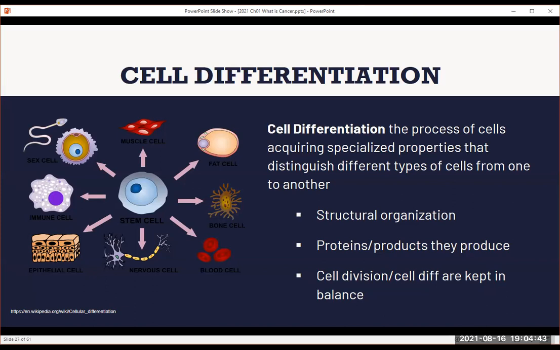Something to consider, we've been talking about cell number and cell organization. But another thing to consider is cell differentiation. So when we learned about cell differentiation in general biology, we were referring to the process that cells go through from a stem cell to where the cell is going down a path to become a certain type of cell, whether it's a fat cell, bone cell, blood cell, a nerve, anything like that, right?